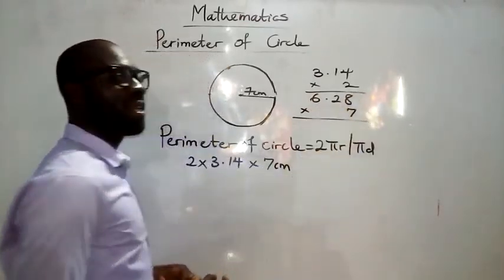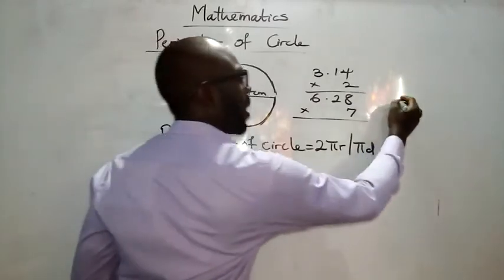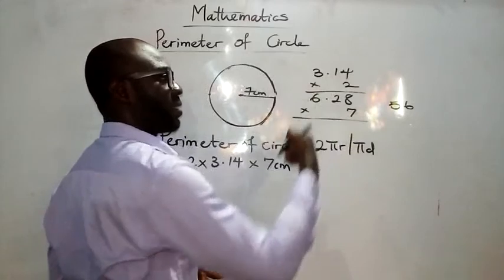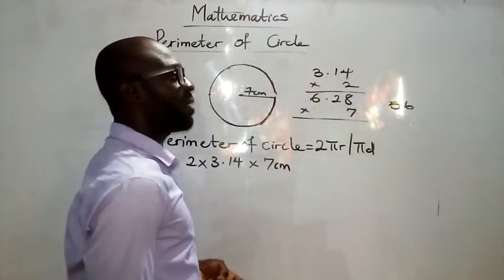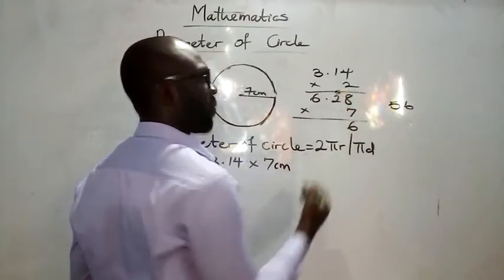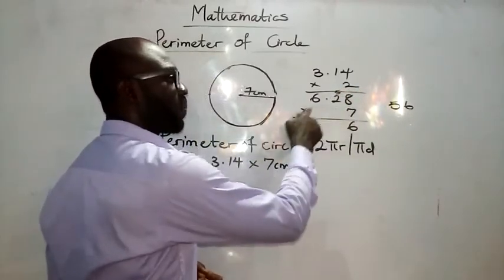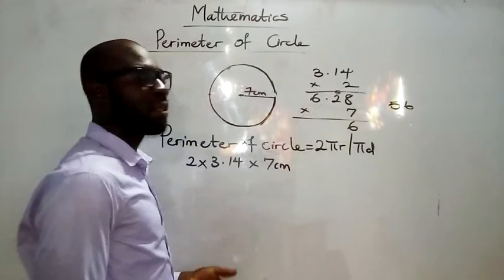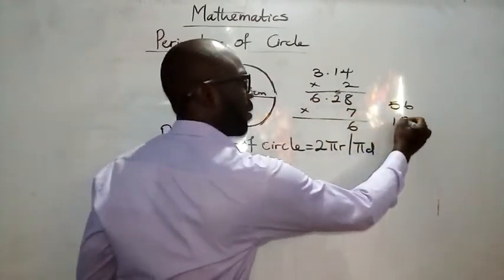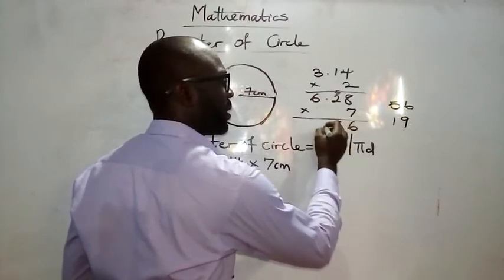7 multiplied by 8 is 56. We write down the unit and carry the tens. So we have 6 carry 5. 7 multiplied by 2 is what? 14. Plus 5, 19. And we write down the unit and carry the 10.